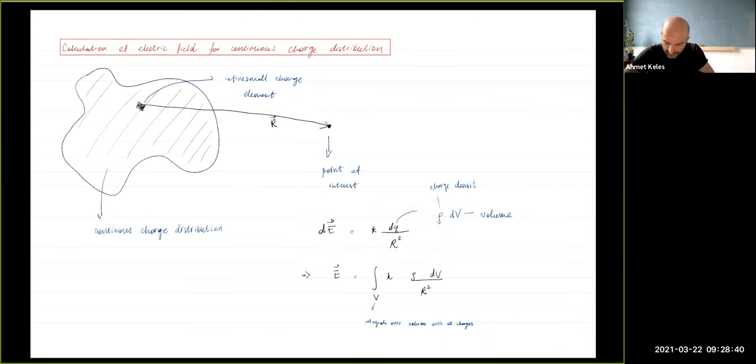And I write this electric field like this. So dE is what? K is the usual, dQ, the net charge in this little region, which is generally some density times volume, divided by the distance R. And to find the net electric field, we just integrate this over all points inside this region.